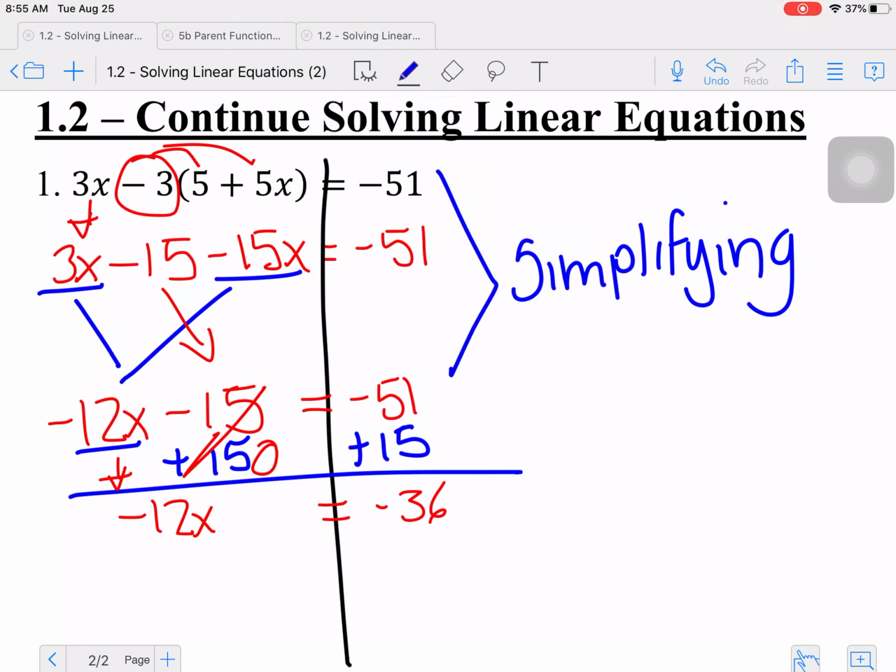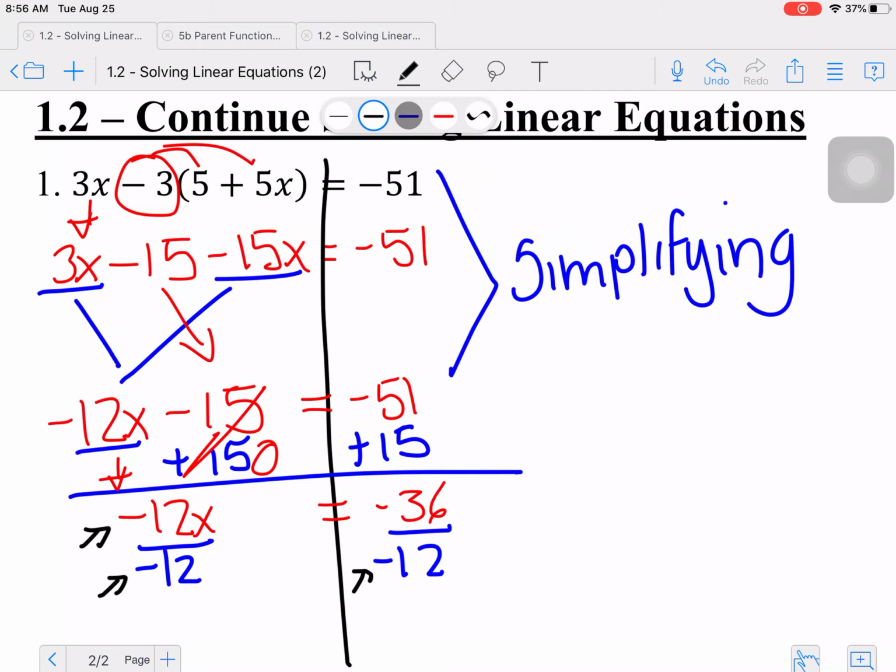Now I gotta make that -12 into a 1. So how can I make -12 into a 1? Well, I can divide it by itself. Whatever you do to one side, you're gonna go ahead and do it to the other. Notice though that I am keeping the negative sign.